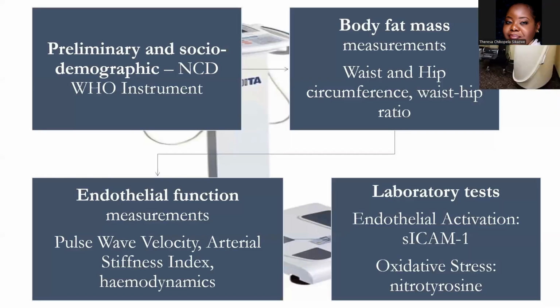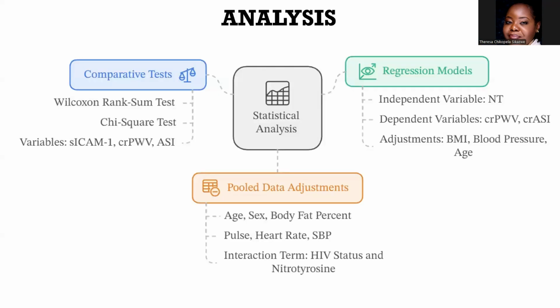Preliminary data and sociodemographic data were collected using NCD and WHO instruments, after which we took measurements of body fat mass and endothelial function, including pulse wave velocity and arterial stiffness index, among others. In the laboratory, we did tests of endothelial activation using sICAM-1 as a biomarker, as well as oxidative stress using nitrotyrosine as a biomarker.